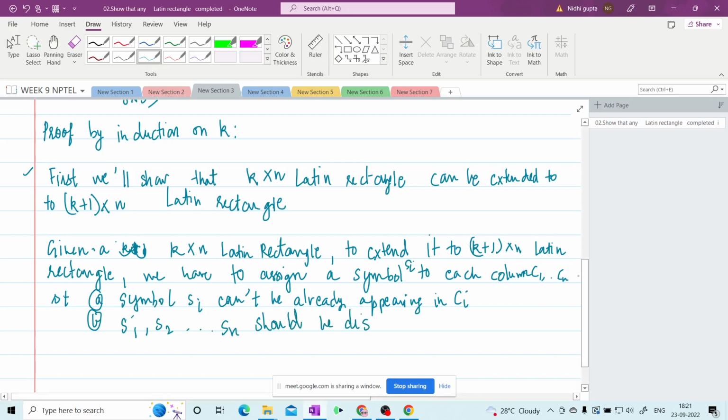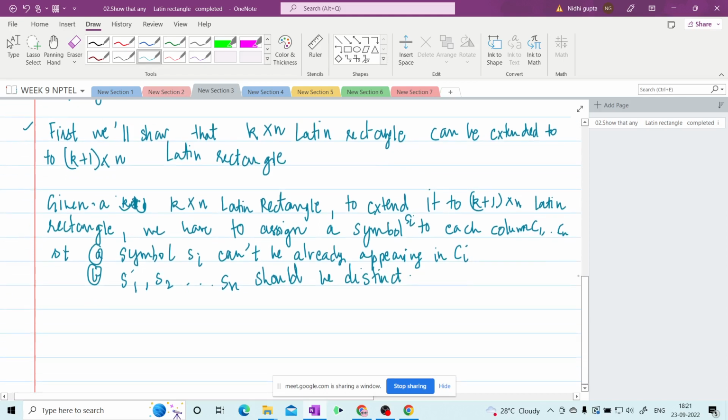Now that I have stated the problem in this sense, think for a minute: how, using Hall's theorem, can we show this now that the problem is reduced to this?